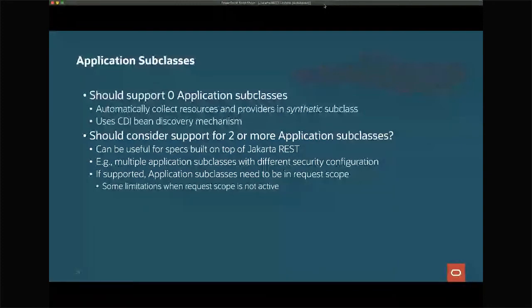So the ability to have more than one application subclass opens the door for some new use cases to be easily supported, but at the same time, it brings some problems that we will need to solve. So this is still another discussion that we need to have.